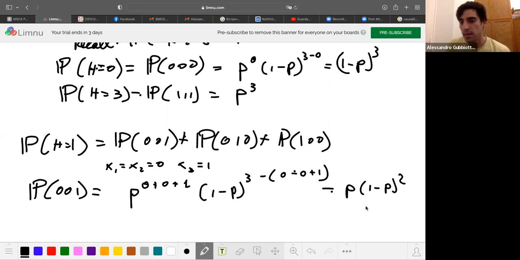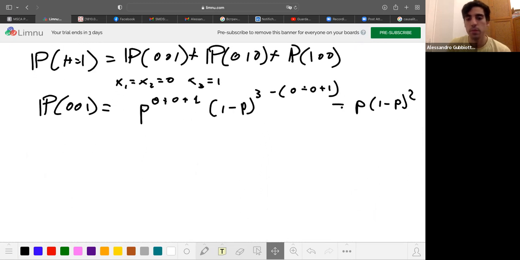So one success and two failures. This is quite intuitive. You just multiply p the number of 1s times, and 1 minus p the number of 0s, as many times as there are zeros in the string.